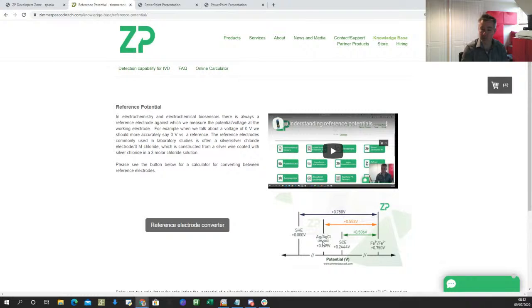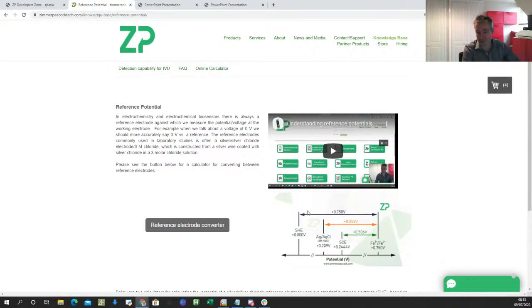That's really what they should be saying. So often in biosensing, we will say, apply a voltage of 650 millivolts. If we were being really accurate, we should be saying 650 millivolts versus, and then we should be saying exactly what reference electrode we're using.